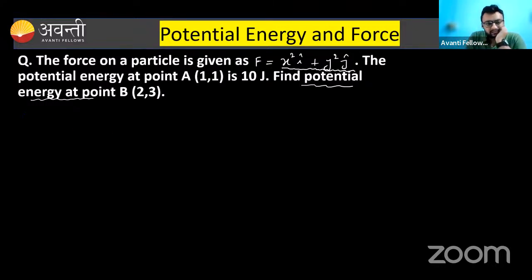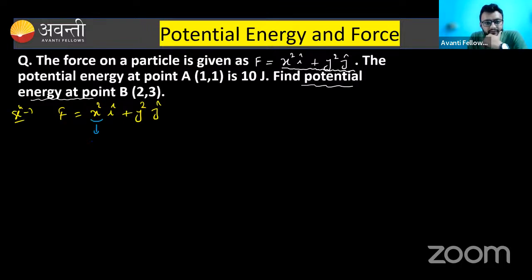Can you see that F is given as x square i cap plus y square j cap? The term written with i cap is what?